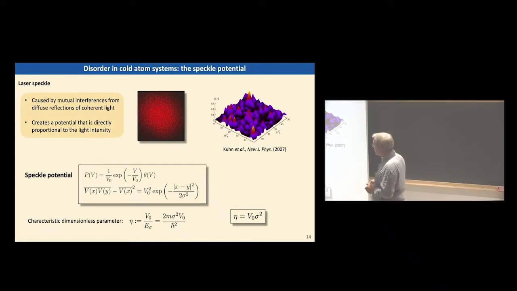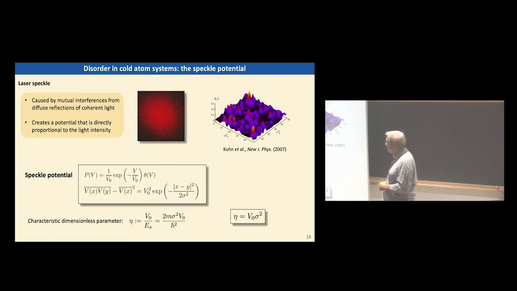It's the potential described with the probability of having an excursion of size V, which is exponential, and with correlations that are essentially Gaussian. And we will see this parameter in the future in the talk.